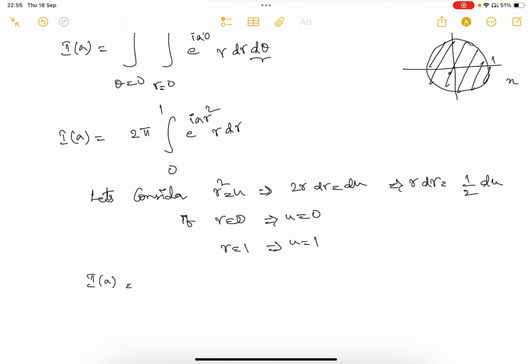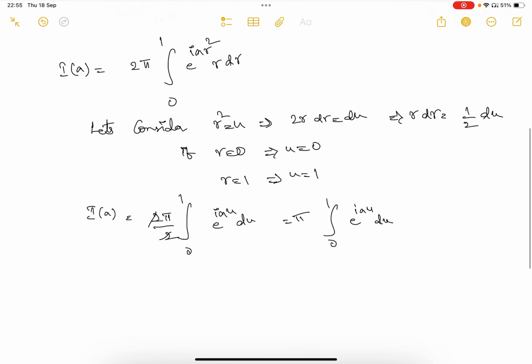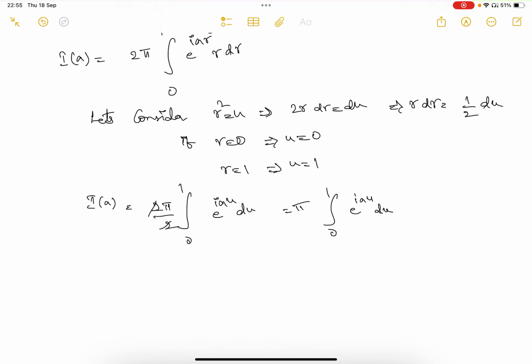Then I of a equal to 2 pi, integral 0 to 1 e power iau, r dr is half into du, which is pi into integral 0 to 1 e power iau du. So now you will see here the first case, for a not equal to 0, you will know why we are taking a not equal to 0.